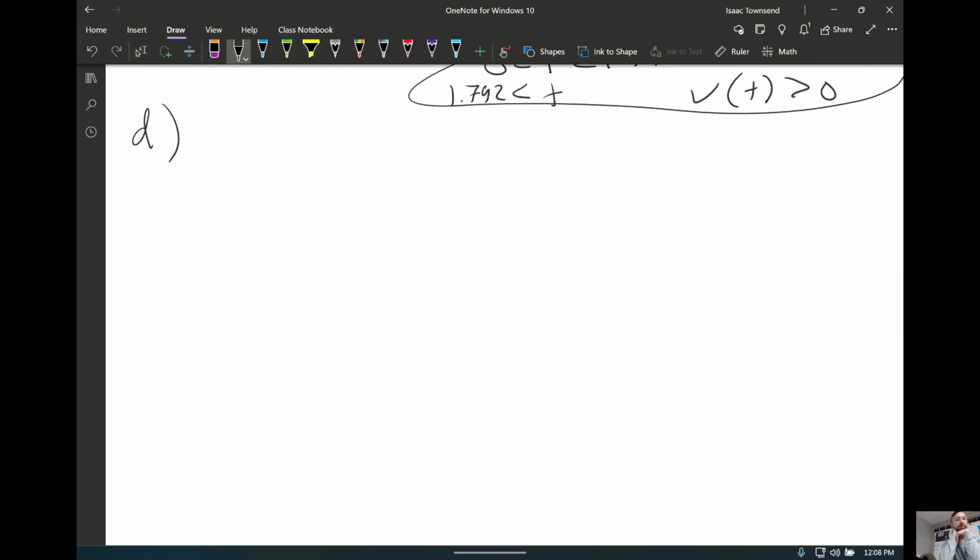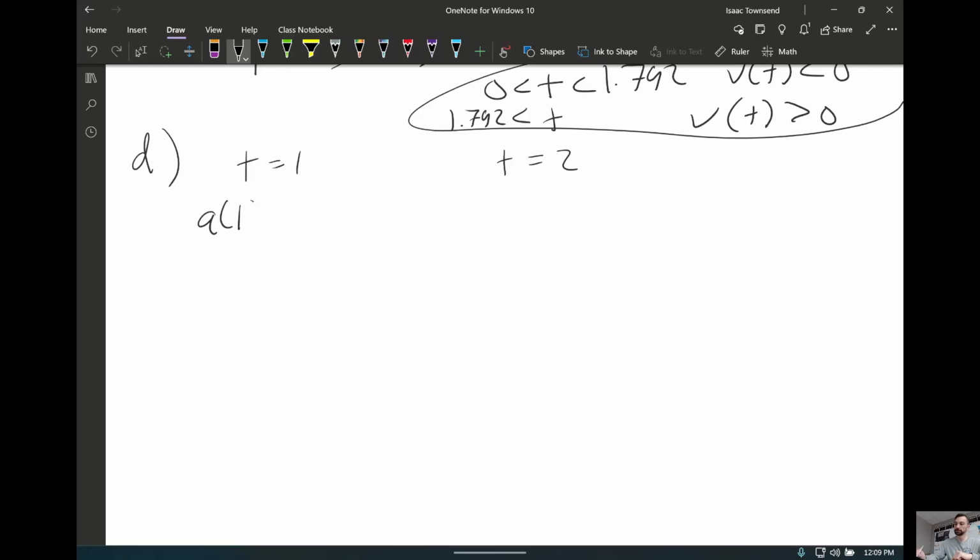Is the particle speeding up or slowing down at t equals 1? And what about at t equals 2? So how are we supposed to know if something's speeding up or slowing down? Acceleration. Okay, acceleration and something else.